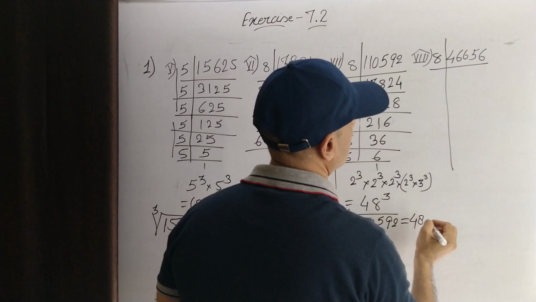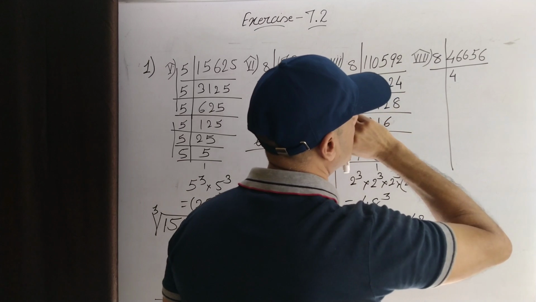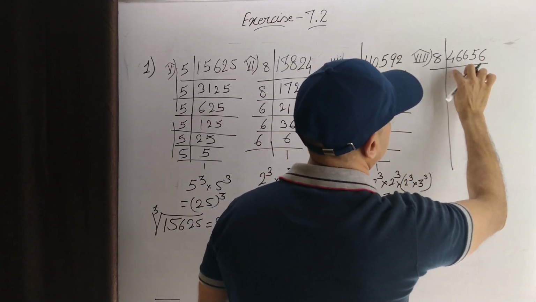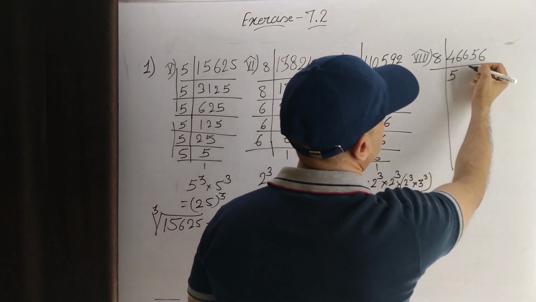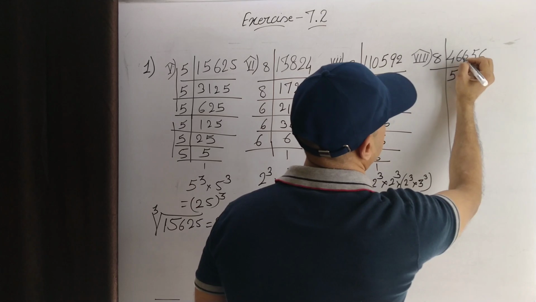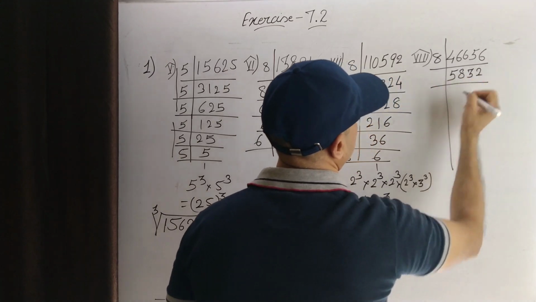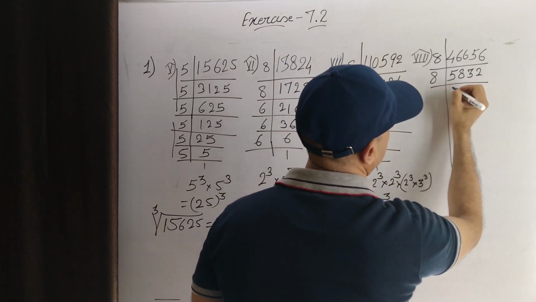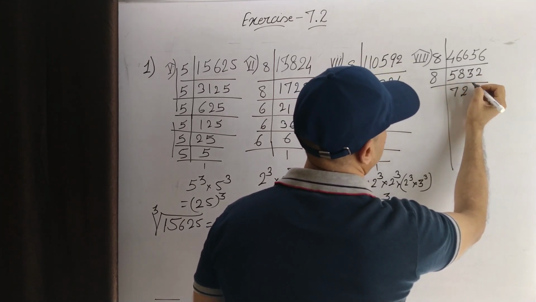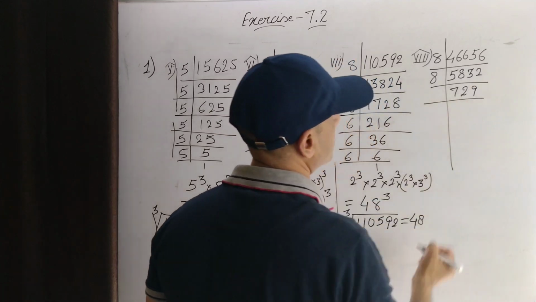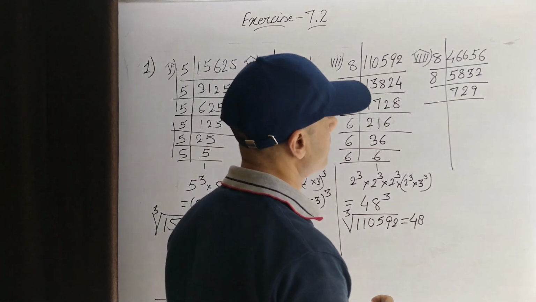Again, let's start with 8. 6 times 6 is 36. We have got 66. Again, we'll divide with 8. 729. 729 is actually the cube of 9.